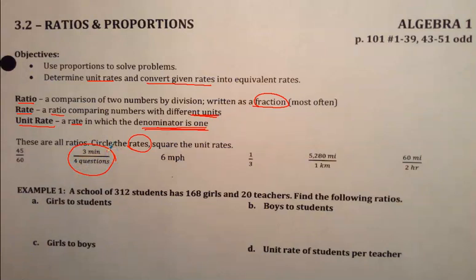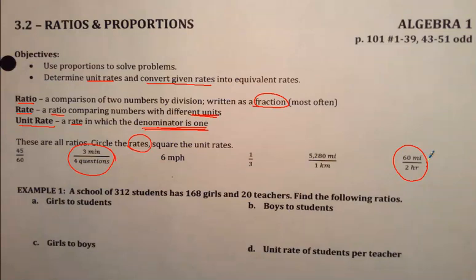That is a rate. Anything else? 5,280 miles per 1 kilometer. That one is not a rate because it's per 1. That's a unit rate. This one, however, 60 miles per 2 hours is a rate.